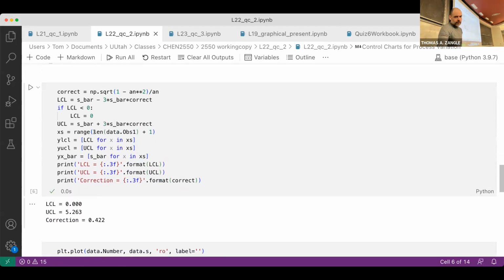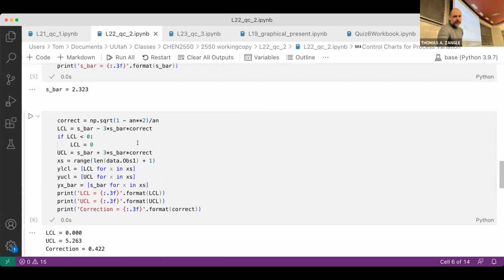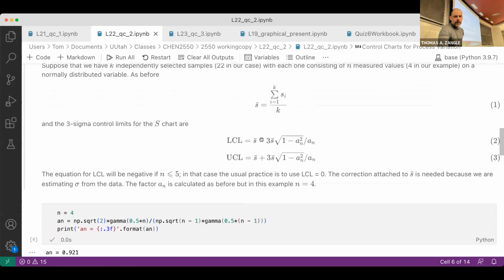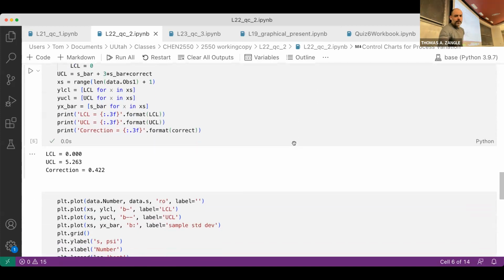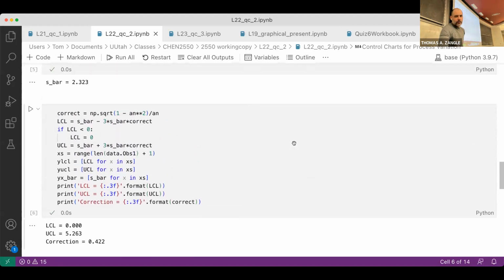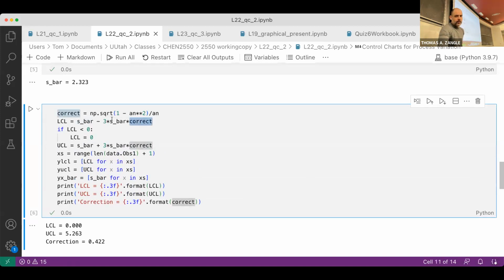And then this code block implements what we outlined, scrolling up, in expressions 2 and 3, based on S bar and a sub n.